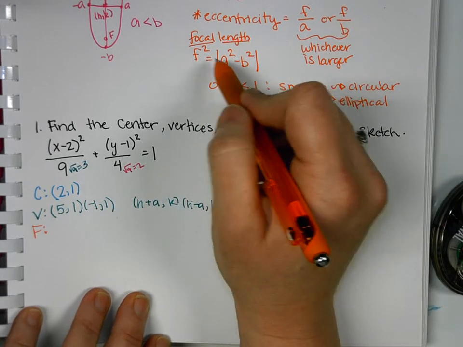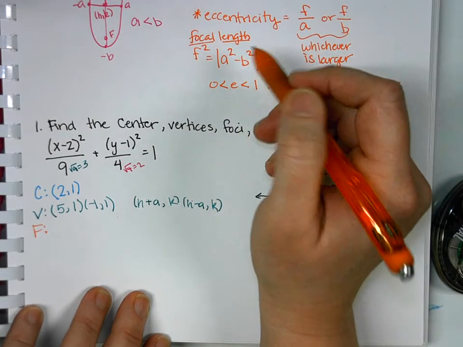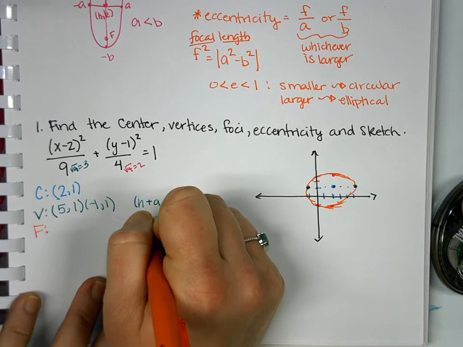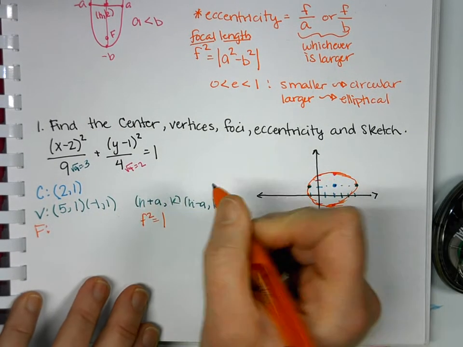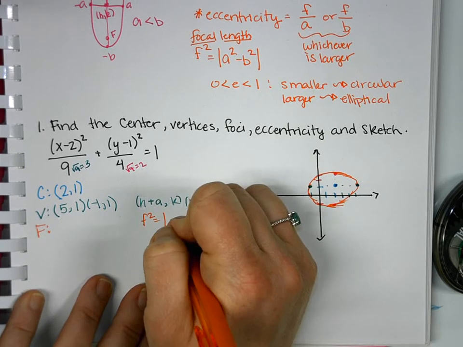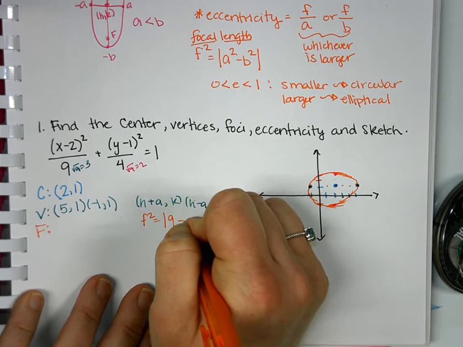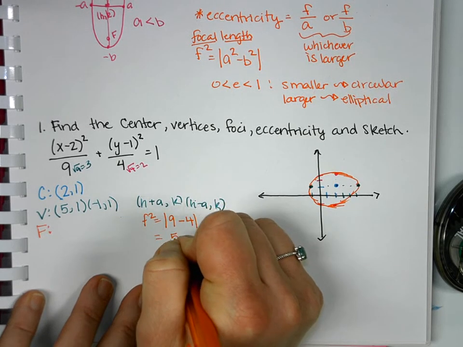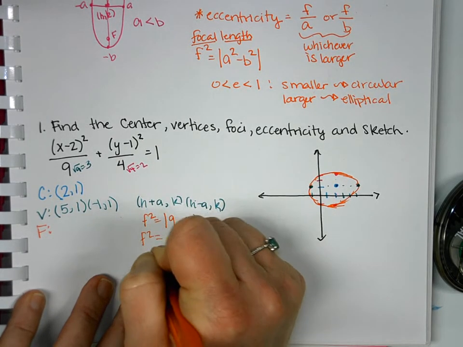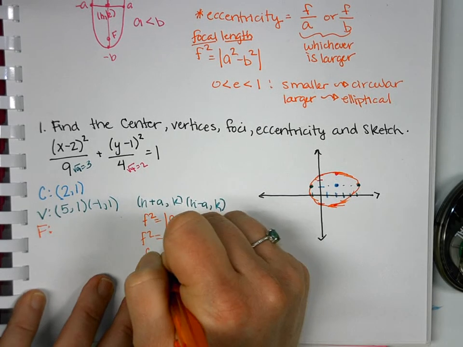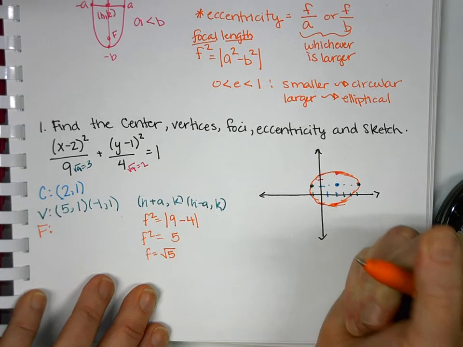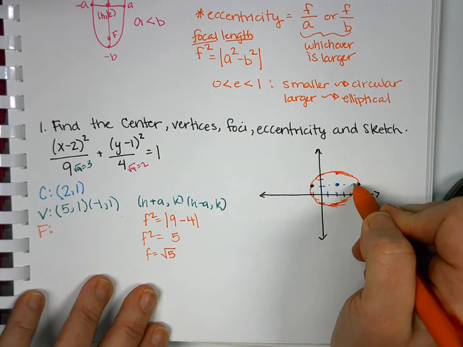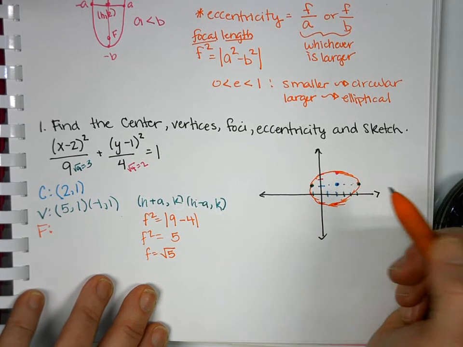It's right here, this focal length. So if we come over here to the side, we have f squared equals the absolute value of a squared, so a squared is 9, minus b squared, which is 4. So we have equals 5. And so that means f, or the length of our focus, is root 5. So if I were to start at my center and go square root of 5 this way and square root of 5 this way, I would get my foci.